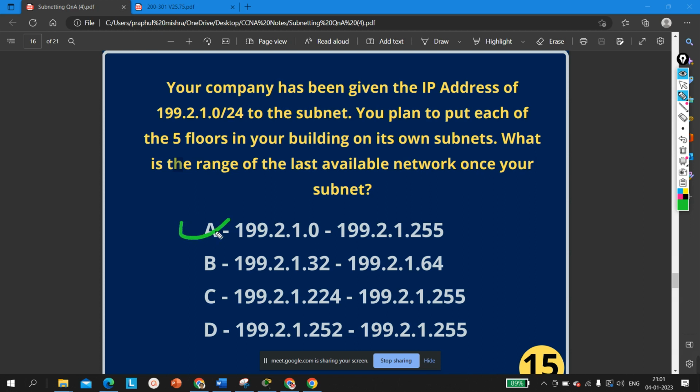The C answer is the correct answer. Okay, so C is this one, right? Yes, Pratha sir, it should be right. Yeah, C should be right. Really, Hassan? Hassan, what do you think?